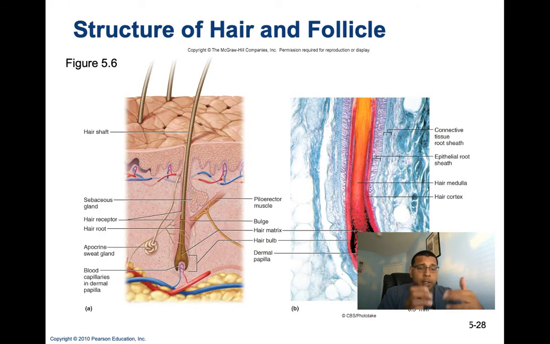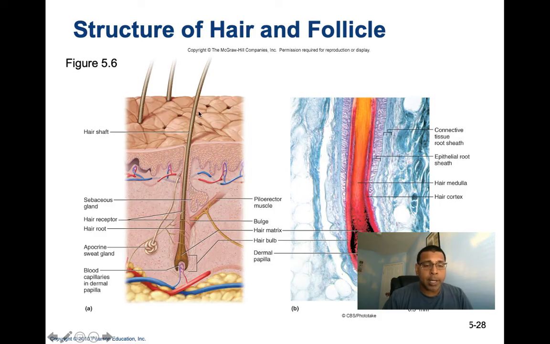Now let's look at the structure in greater detail. Hair has two chief regions, two main regions. First you have the hair shaft. The hair shaft is the area that projects from the skin, and it extends about halfway down into the follicle.